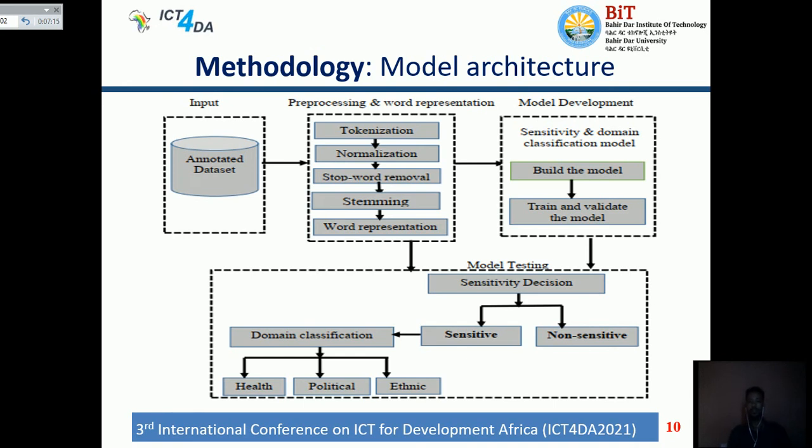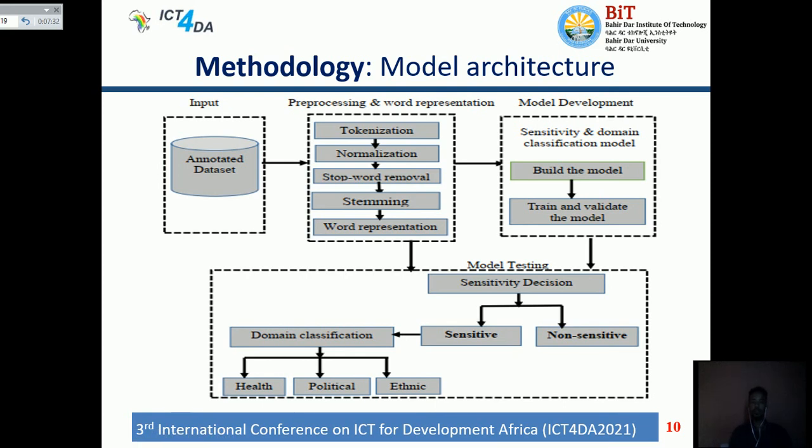When we see the model architecture or the generalized workflow, the input is the annotated dataset, and the first component or module is text pre-processing operations.